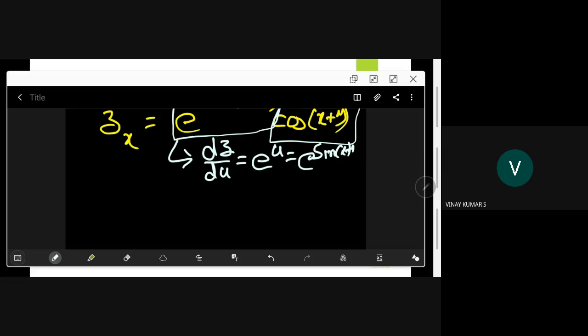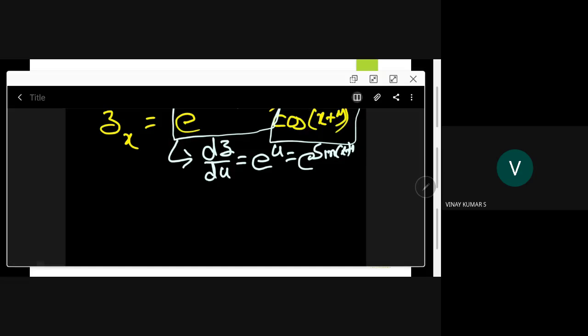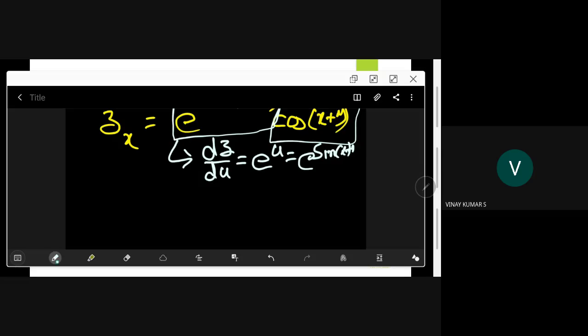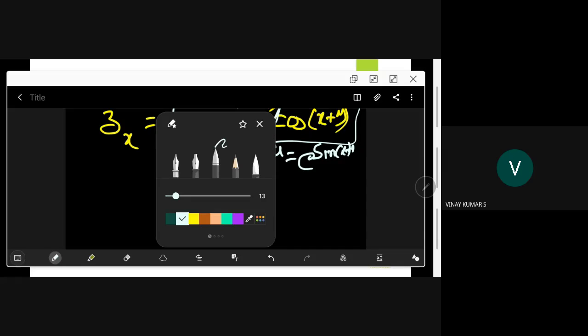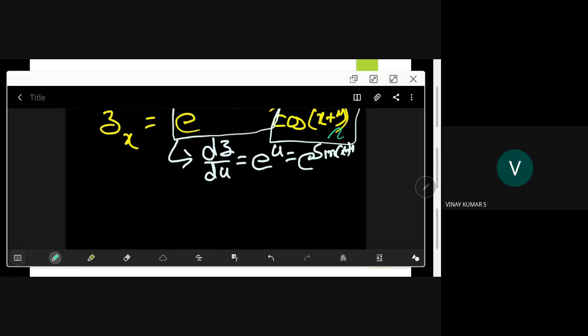Okay. And now the other one, you are simply taking ∂u/∂x, that is cos(x+y). ∂u/∂x is cos(x+y).